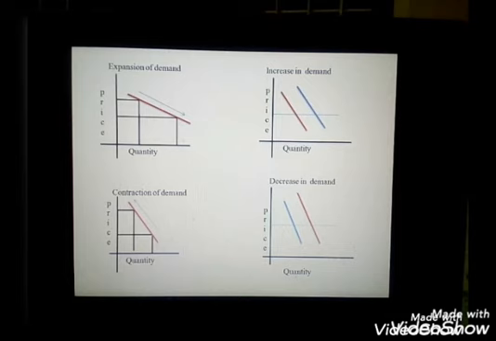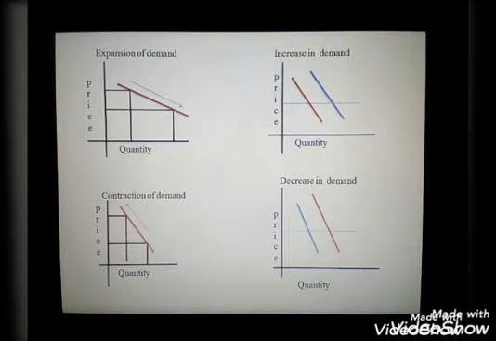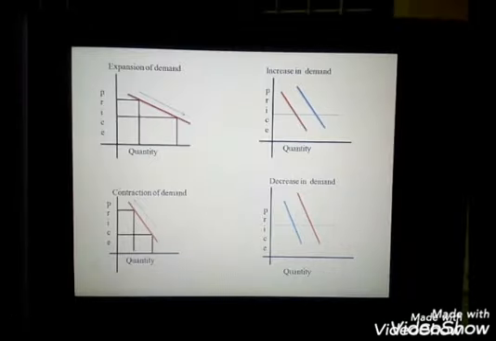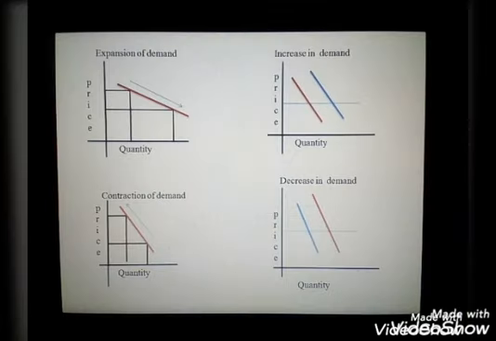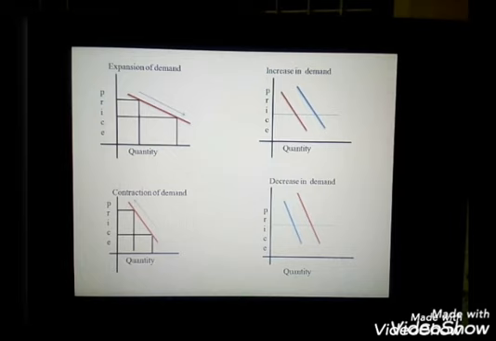Moving to the next part, increase in demand. Increase in demand means the demand curve shifts towards the right due to favorable changes in the factors other than the price of the product.